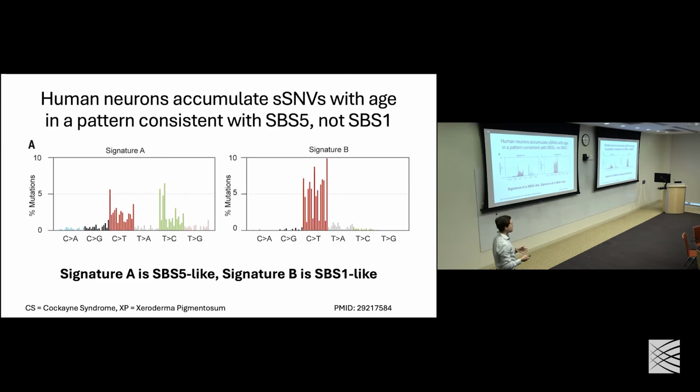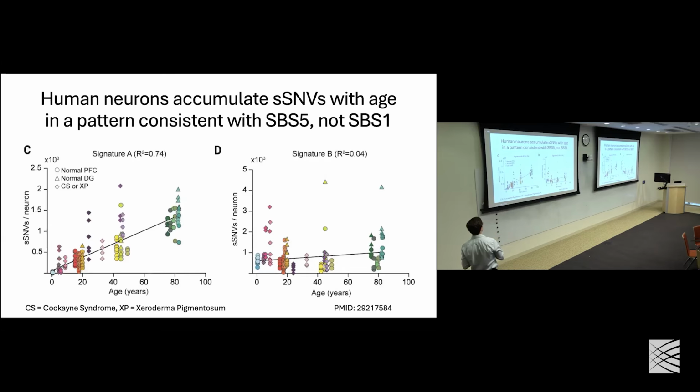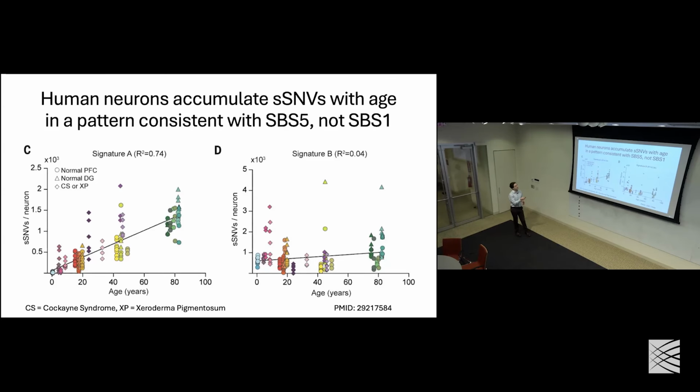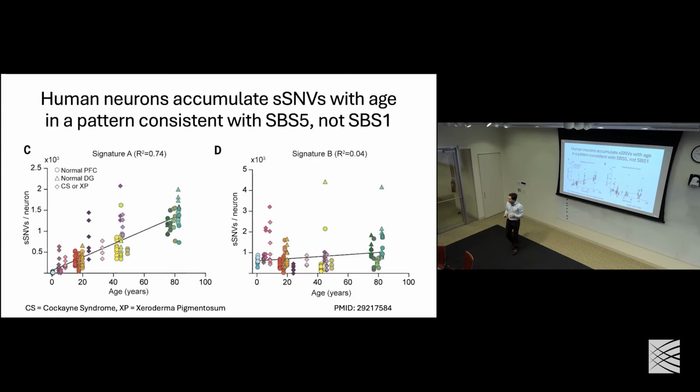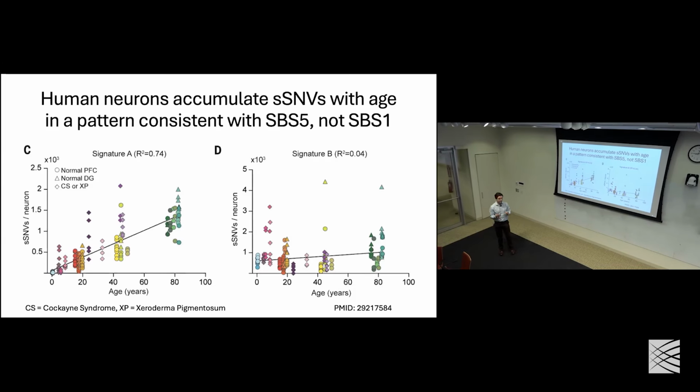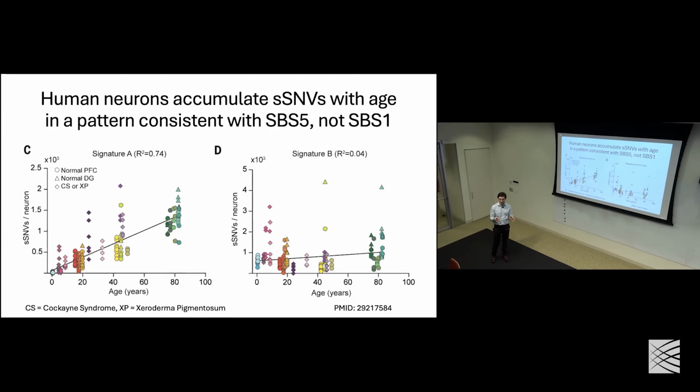And relative to the intestinal crypts, we get the opposite results. So signature A, which is a lot like SBS5, this one is doing a lot of the work. So this is all making sense to us. The somatic mutational signature associated with post-mitotic cells accumulating mutations is what's driving this age-related accumulation in neurons.